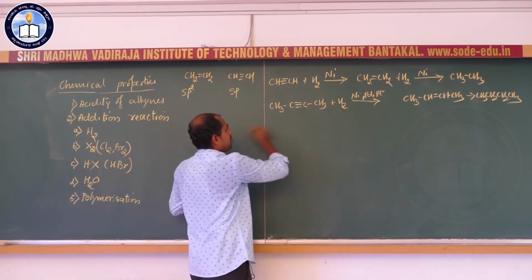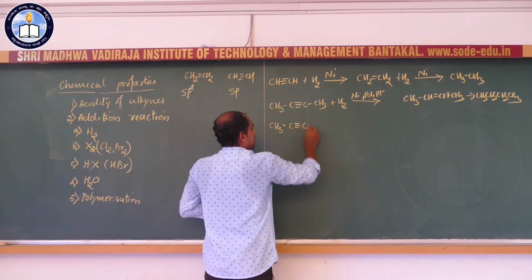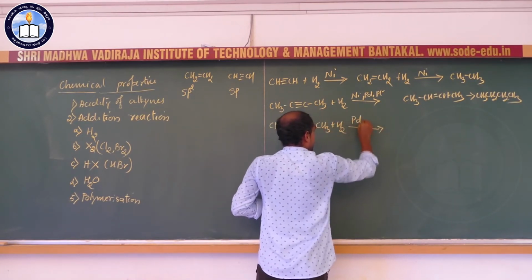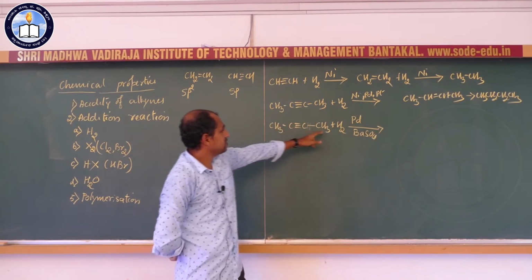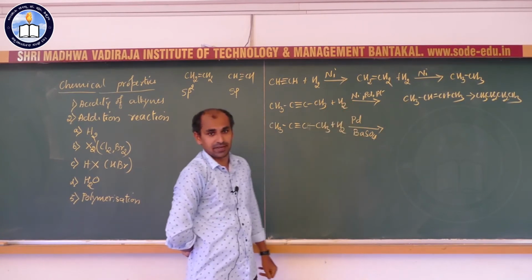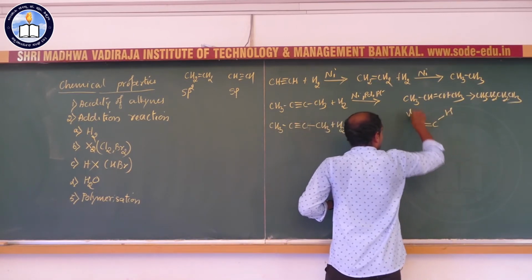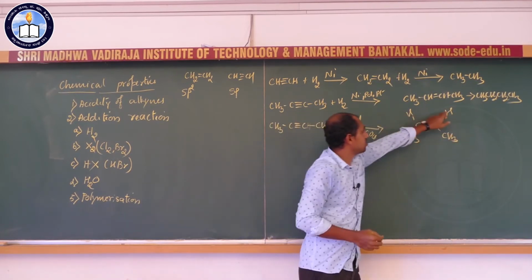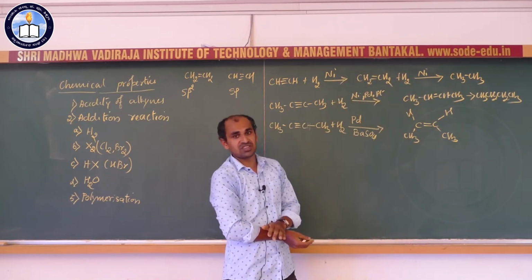But if the same addition reaction is carried out in the presence of certain catalyst, say for example, addition reaction is carried out in the presence of palladium and barium sulfate, then we get a cis alkene. What do you mean by cis alkene? Two similar groups are on the same side of a double bond, then it is called cis isomer.